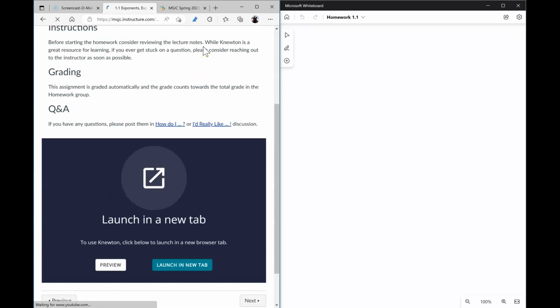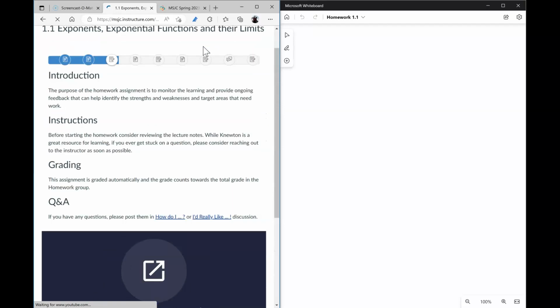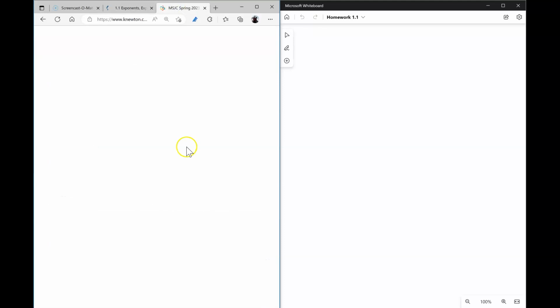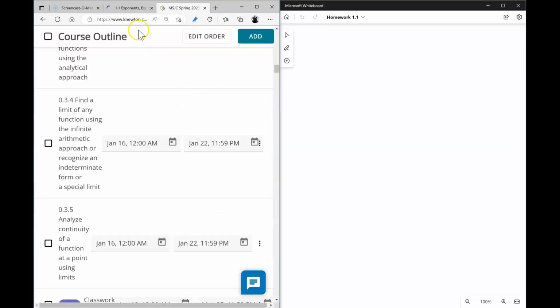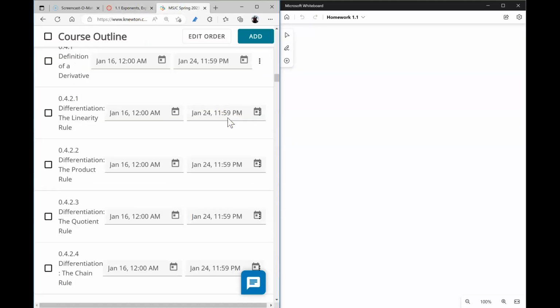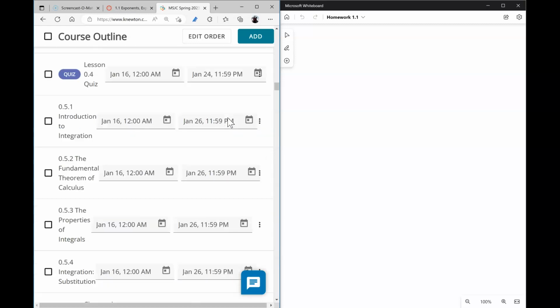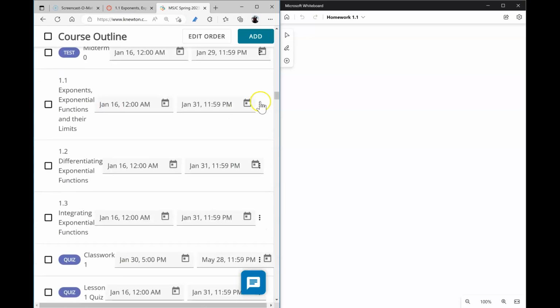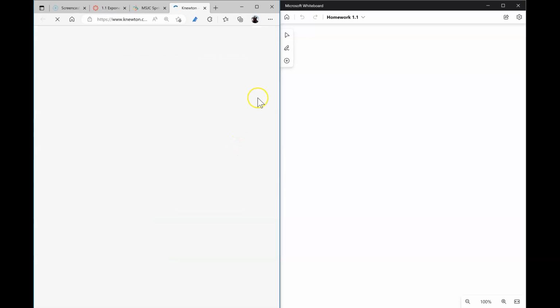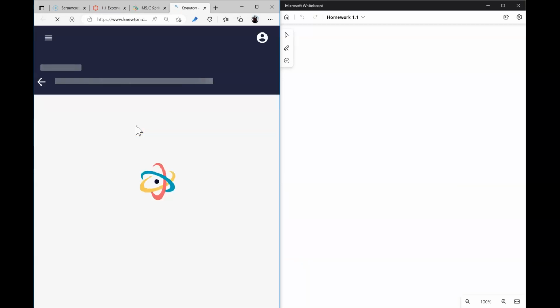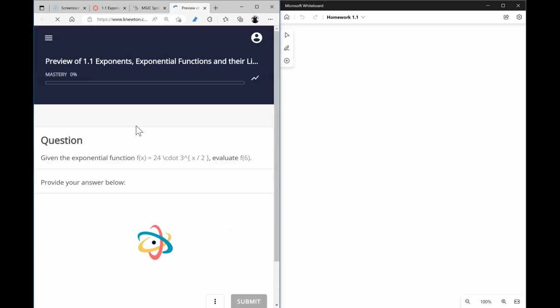And the homework is 1.1, so I can just load it in this screen right over here. And here's our first problem.